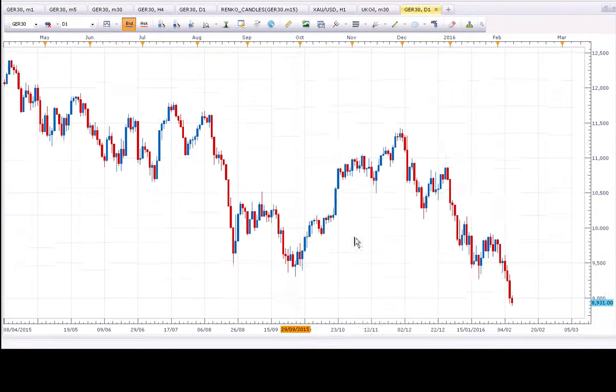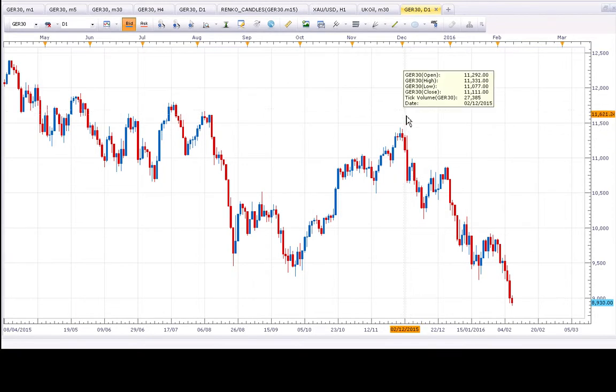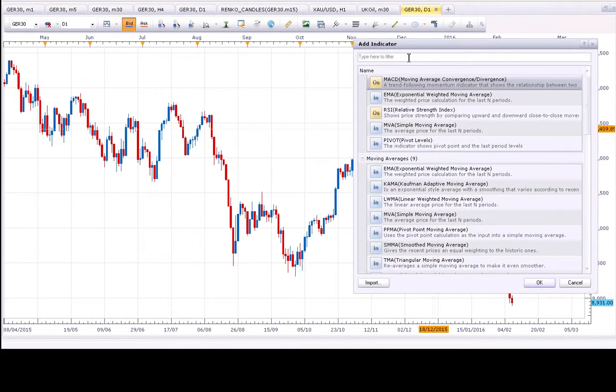So for anybody who's using FXCM's Marketscope, if you've created an account through our link to support the site, then you'll be following a similar instruction. Once you've got a chart up in front of you, you press the I on your keyboard. That'll bring up your indicator dialog box.